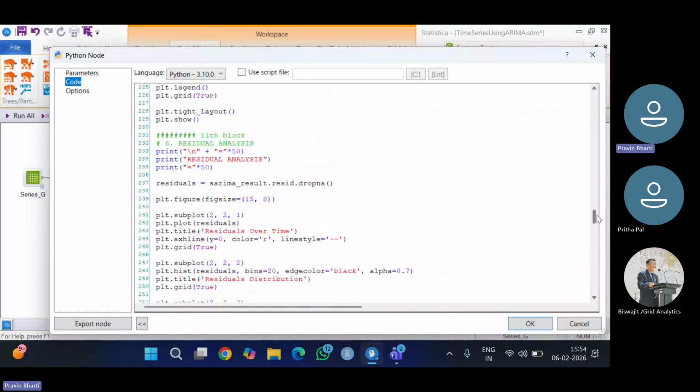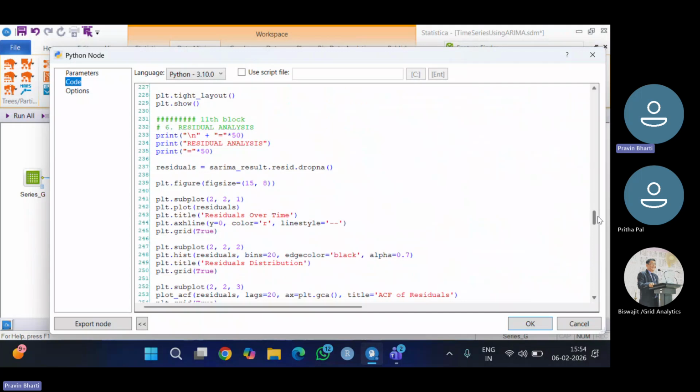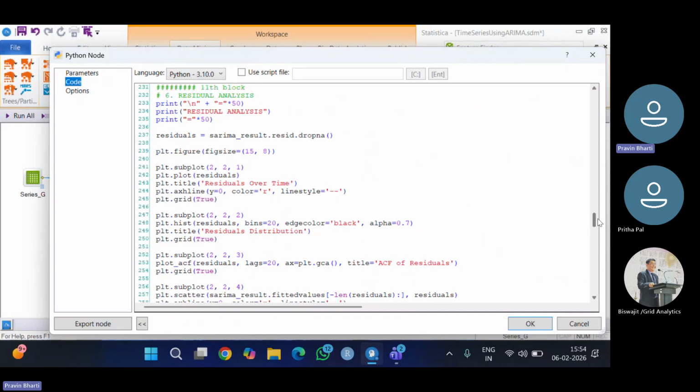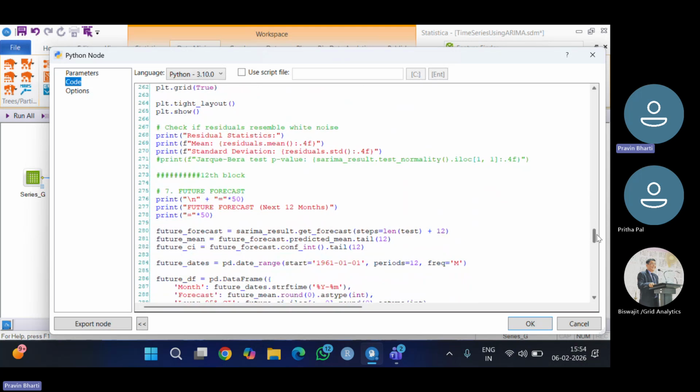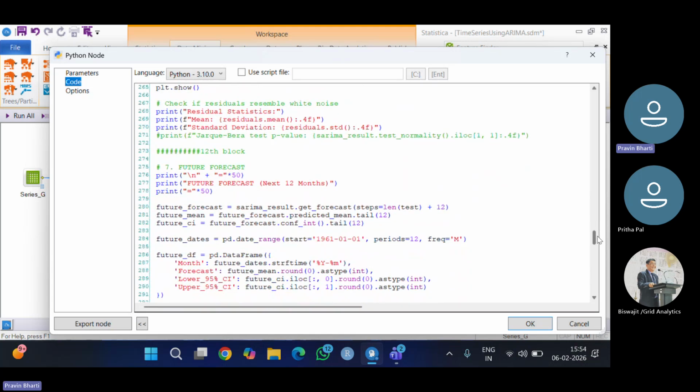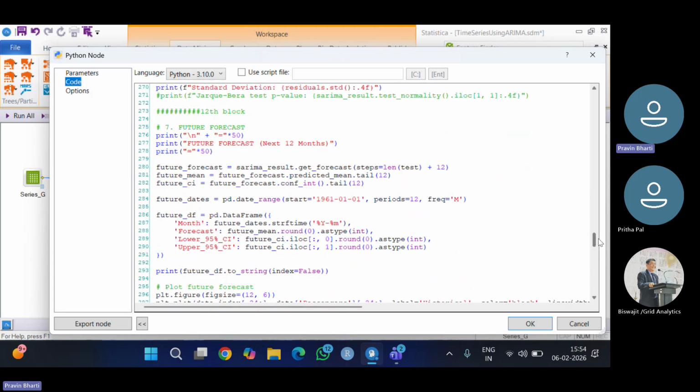And then the next, the 11th block, is for the residual analysis. Our residuals should be white noise and should be normally distributed. White noise means they should not be correlated within themselves, so they should be uncorrelated. Through the graph, we can see that the residuals are white noise.